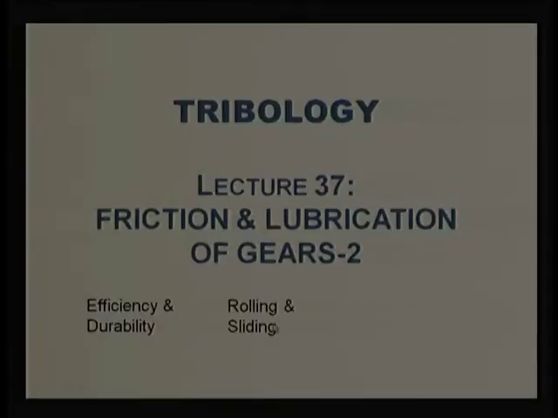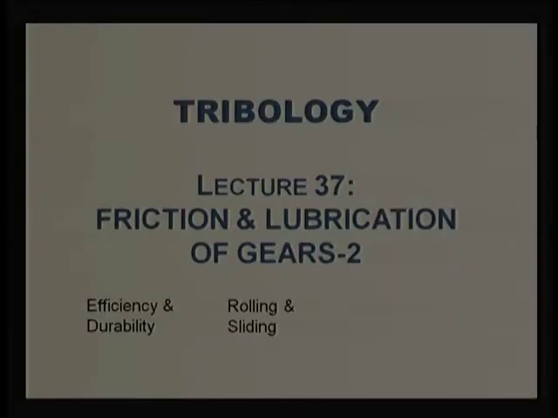We discussed rolling and sliding. We said that at the pitch circle diameter, particularly in spur gears, there will be rolling motion. In rolling, there will mostly be an elastohydrodynamic lubrication mechanism, because the pressure generated at the rolling contact is substantially high, maybe more than 1 gigapascal.